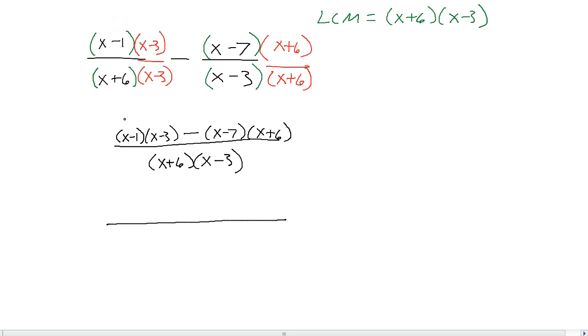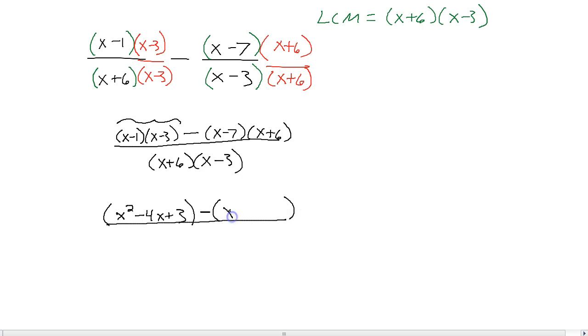When I do FOIL on this first part right here, I'm going to get x squared minus 4x plus 3. Okay, that's my first quantity. Now there's a minus here. So make sure that when you subtract a quantity, you subtract the entire quantity.